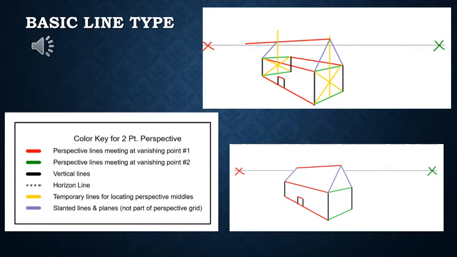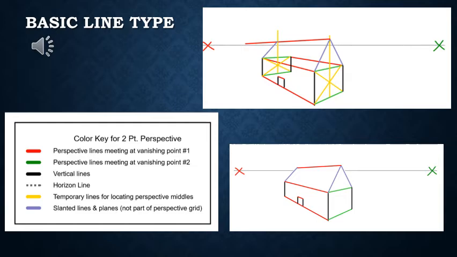So red is vanishing point number one, and green is vanishing point number two. All the lines we produce will be from the one that will be red, and from the green that will be two. And the third one, black, is used for the vertical lines.